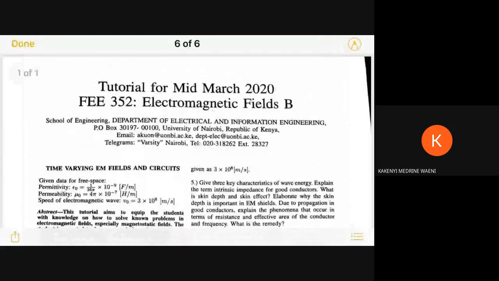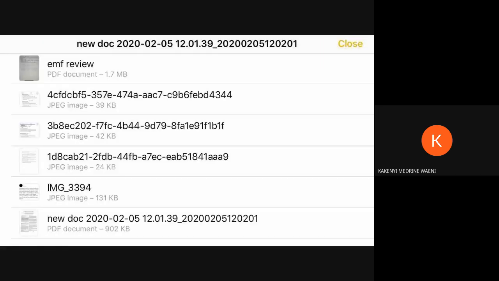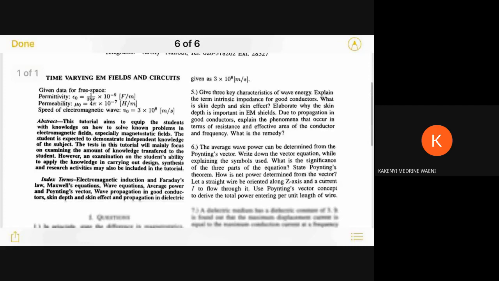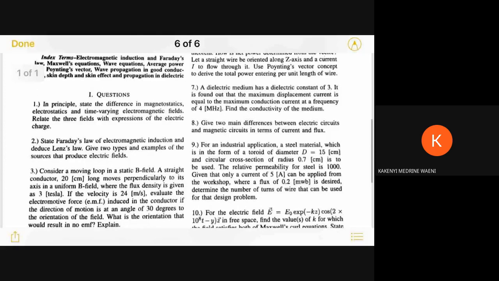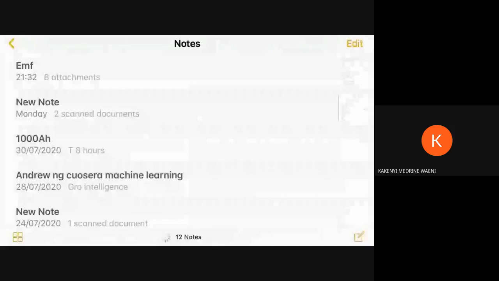Sorry, my phone is refusing to cooperate with me. Number 3 asks, what's going on?